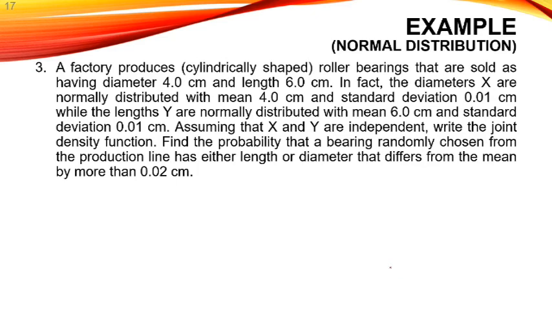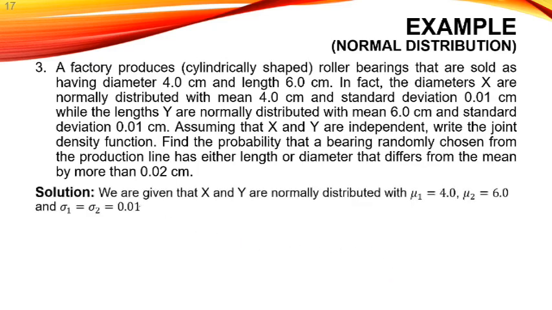Assuming that x and y are independent, so independent variables din sila, write the joint density function and find the probability that a bearing randomly chosen from the production line has either length or diameter that differs from the mean by more than 0.02 centimeters.